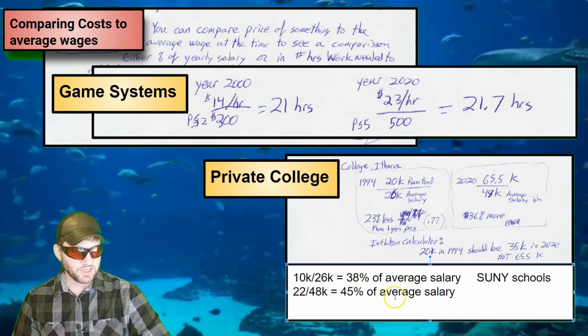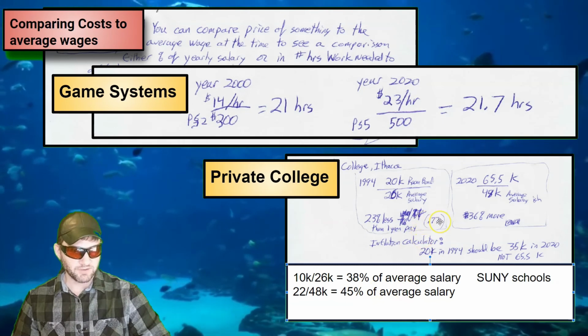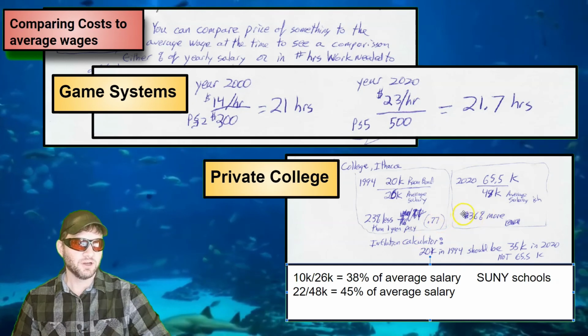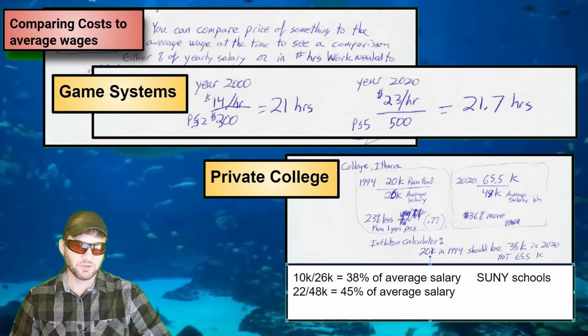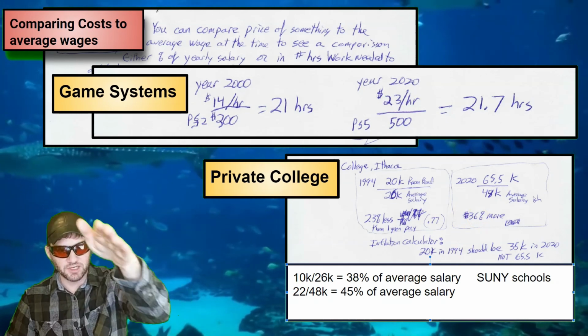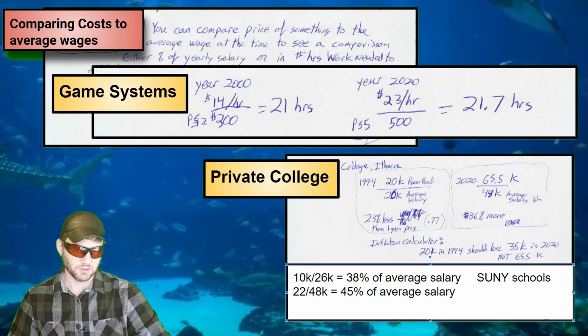Whereas for private schools, 1 year was 77% of the average salary in 1994, and now it's 136% of the average salary. So the comparison is night and day. The private colleges have risen so much more than the State University has.